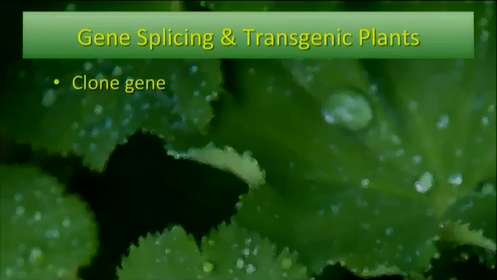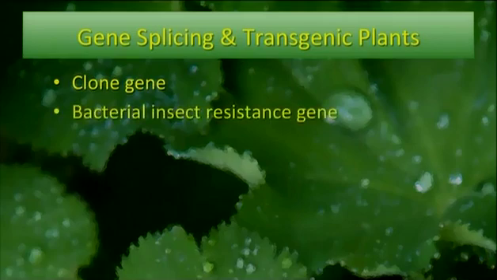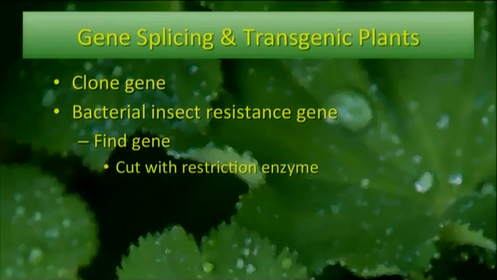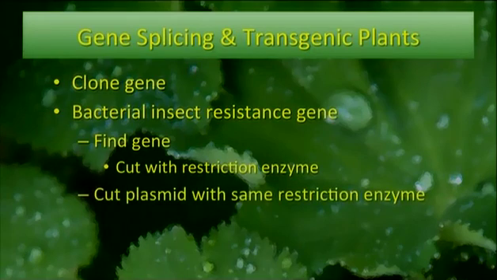So when you clone the gene, you can clone the gene that way with bacteria. You can have a bacterial insect-resistant gene put into a bacterium. First you need to find the gene and cut it with a restriction enzyme, then cut a plasmid, which is some bacterial DNA that's separate from the bacterial chromosome.